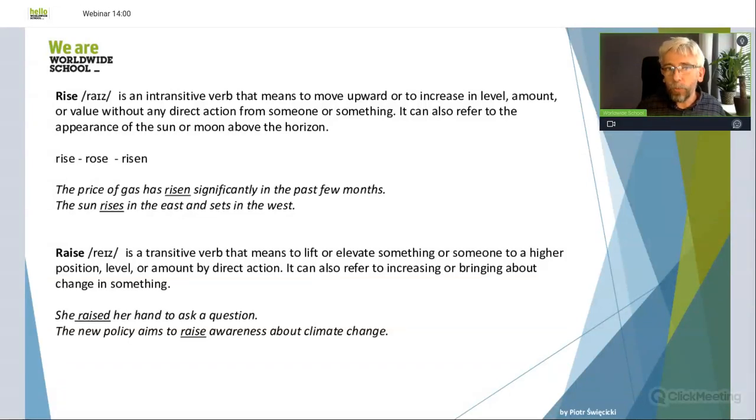The new policy aims to raise awareness about climate change. Raise awareness. So the National Bank of Poland rose or raised? Raised the interest rate levels, or whatever, right?